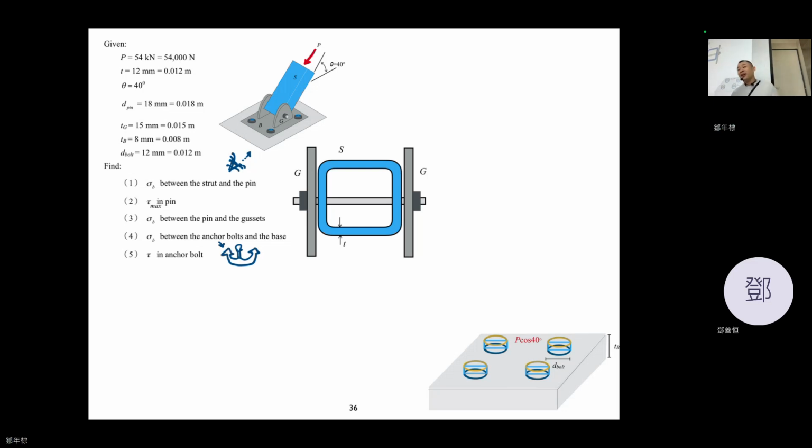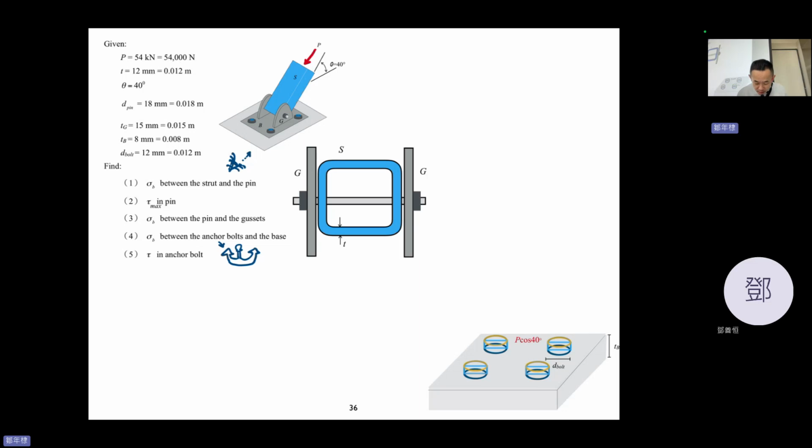So anyway, you get the idea, right? The anchor typically fixes the ship or boat at that place. Otherwise, it will float with the waves. So here these 4 anchor bolts make this stuff stay there.